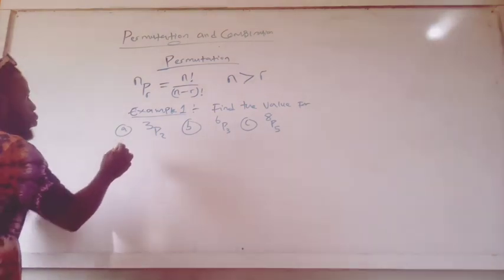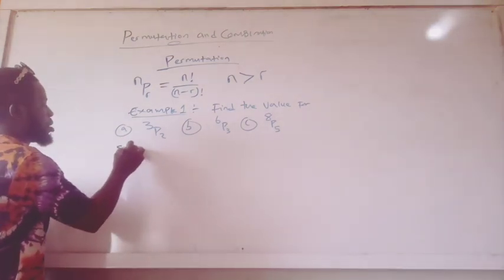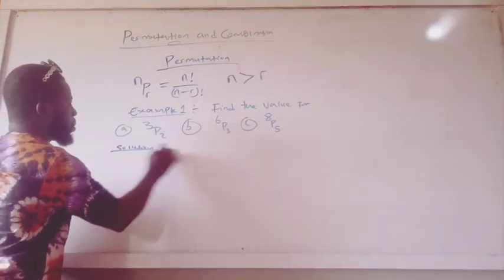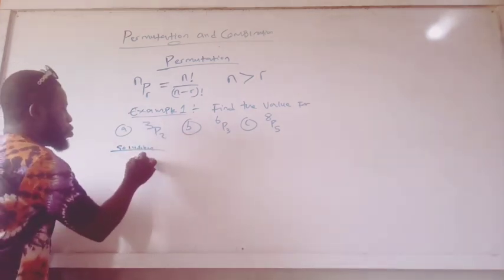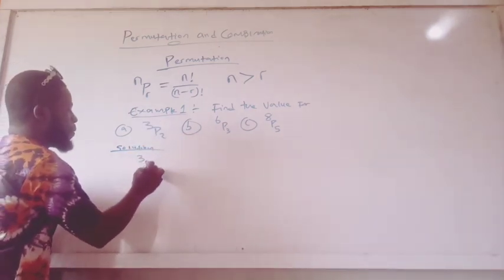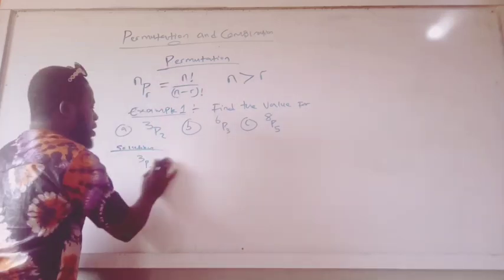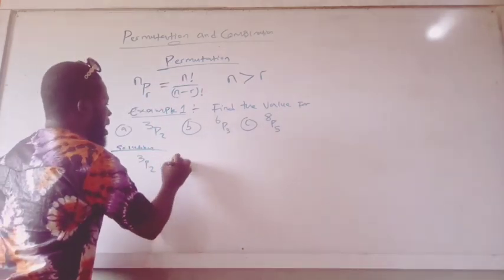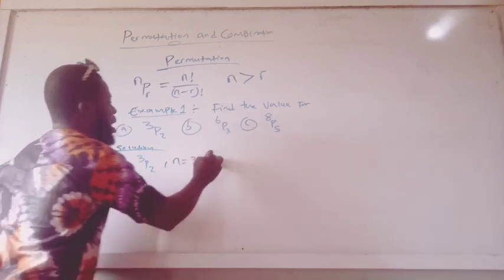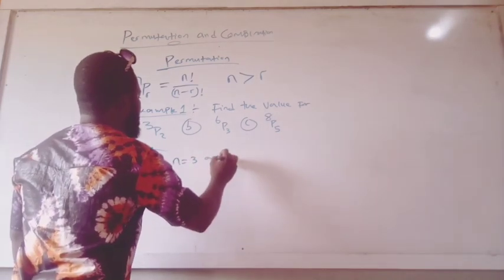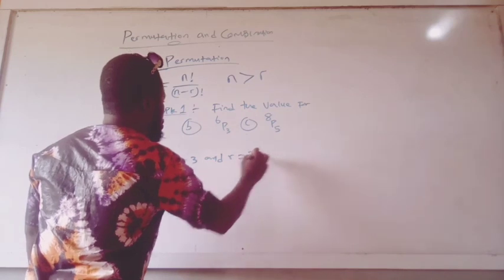Than 5. So if you have a case like that, solution, 3 permutation 2, following the formula of n factorial, first you state that n is equal to 3 and r equals to what? 2.